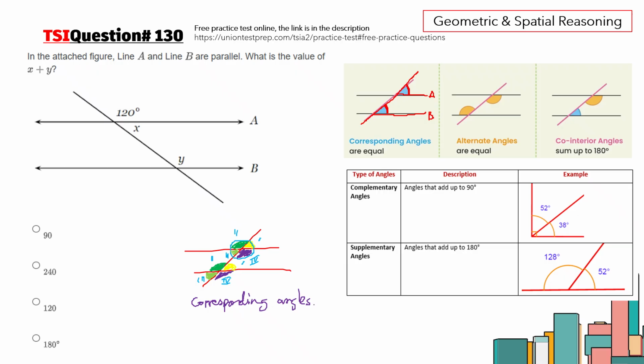Now you will see the next angles are alternate angles, which are equal at the same time. You see the opposite side. With corresponding angles, they have the same side. Let's call this one the cutting plate. If it's cut and you have two angles on the same side, above or below, they are corresponding angles.